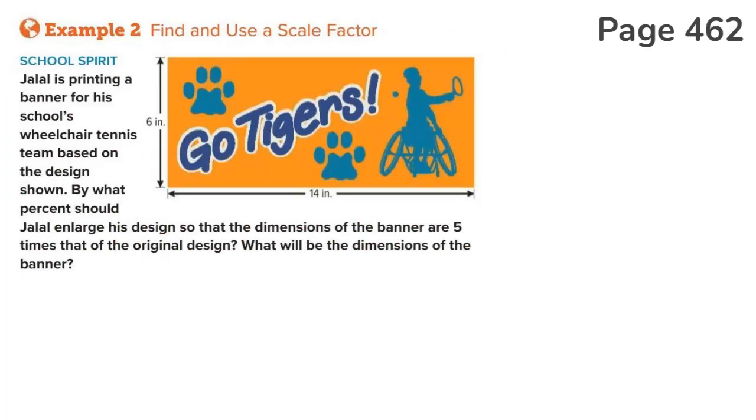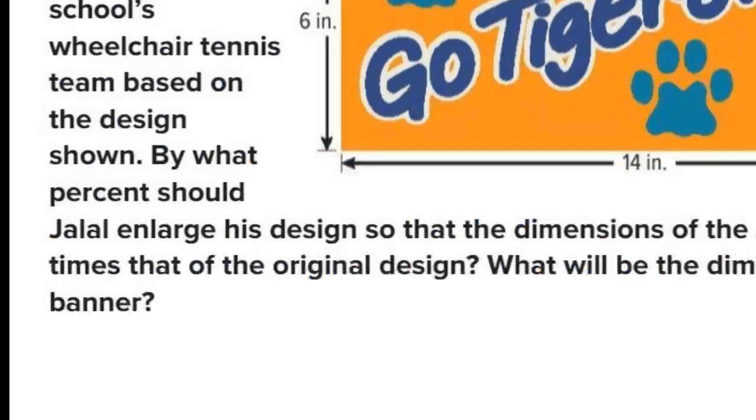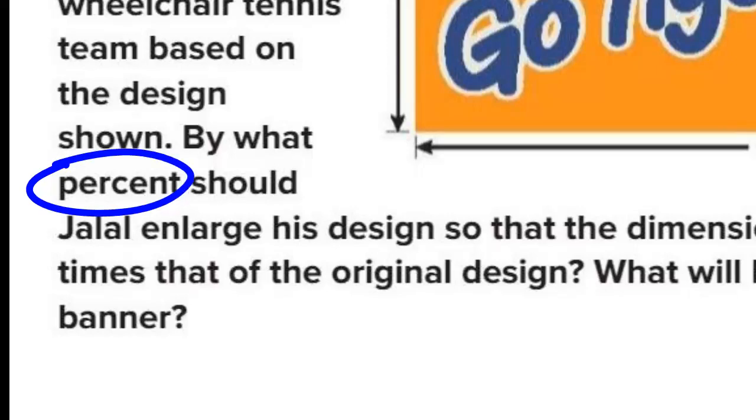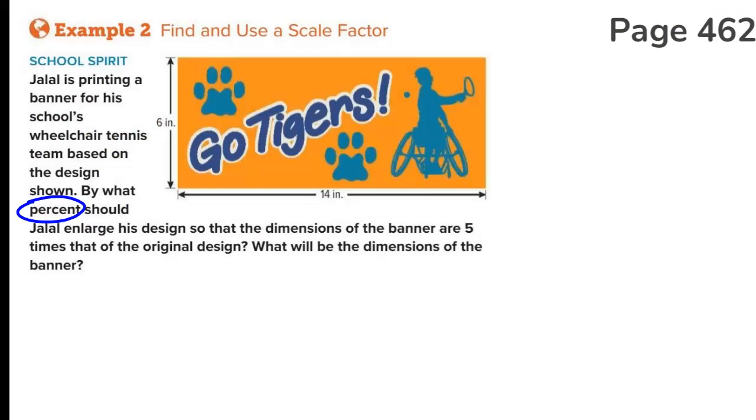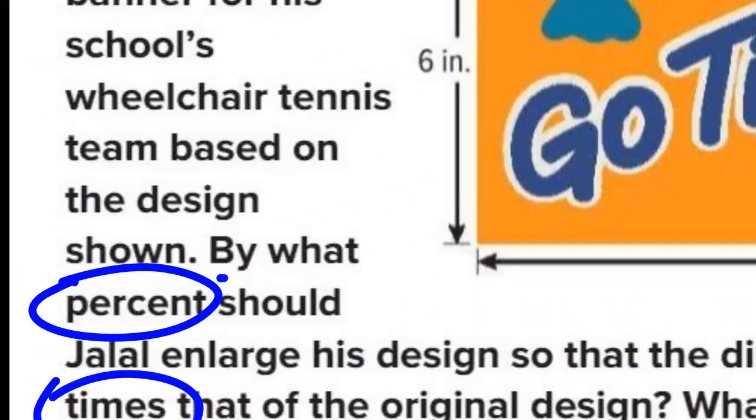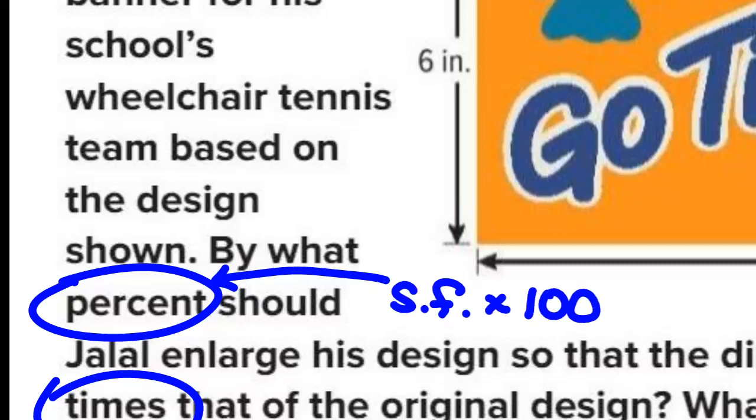It says Jaleel is printing a banner for his school's wheelchair tennis team based on the design shown. By what percent should Jaleel enlarge his design so that the dimensions of the banner are 5 times that of the original design? If I want the percent, I'm going to do my scale factor times 100%.